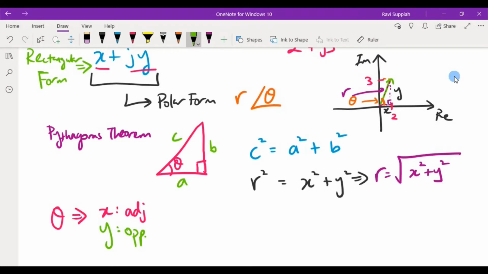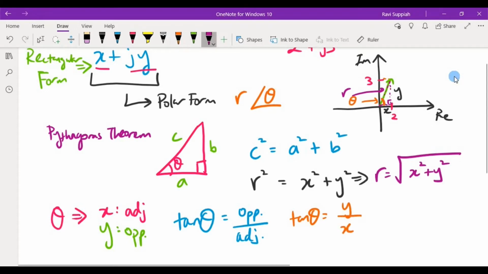The trigonometric formula that we can use that relates opposite and adjacent is basically the tangent. The tangent of an angle is equal to the opposite over adjacent, which means that tan theta in this case is equal to y over x.